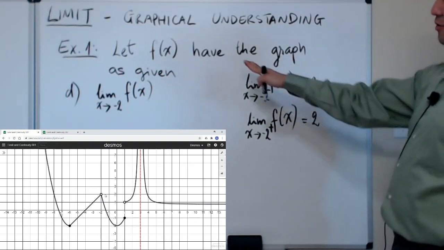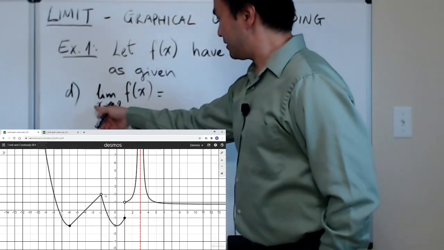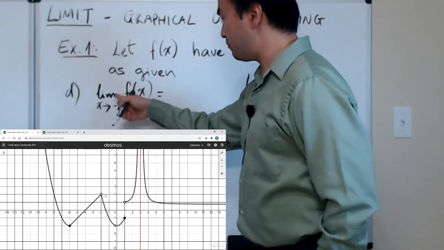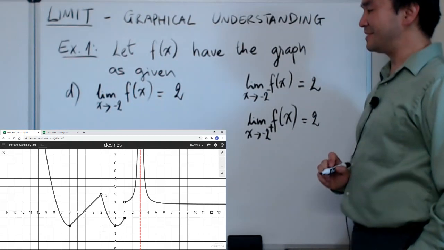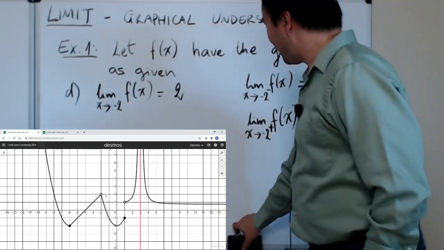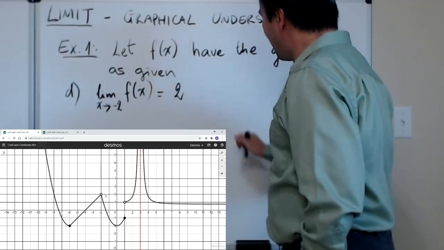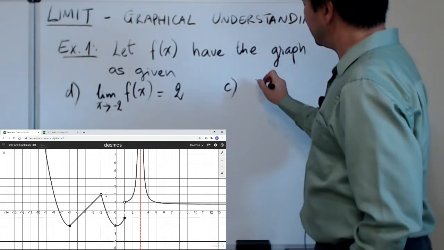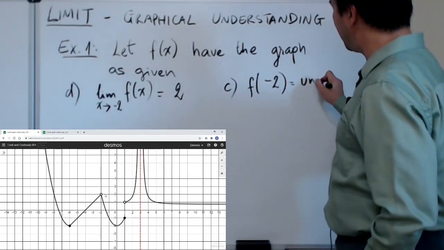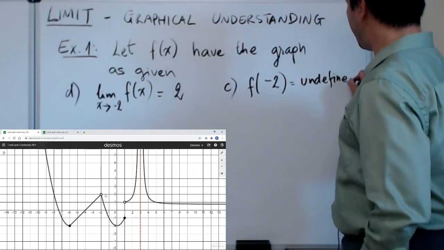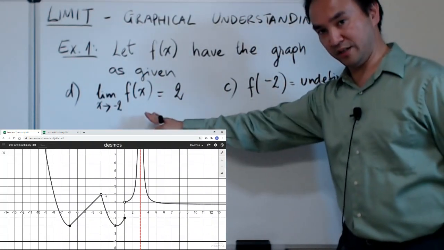Now for the question we are ultimately asked, this limit when x comes to -2 from both sides, the function comes to limit 2. And again, recall for yourself in part A that f of -2 was undefined. We have an empty dot, but for limits, there was an existing value.